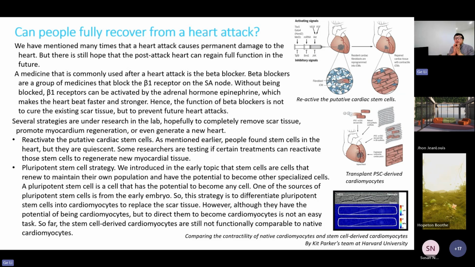Another direction of the research is that some people have found what we call pluripotent stem cells. These kinds of stem cells have the potential to differentiate into many other different types of cells, and these cells have the potential to differentiate into heart muscle cells.